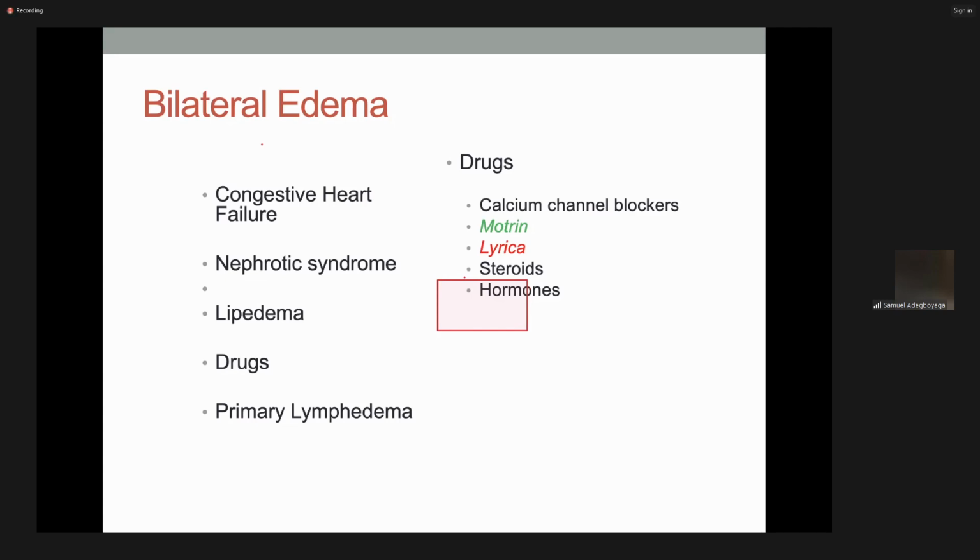Patient with history of diabetes, hypertension, cholesterol, whatever, was just placed on a medication, never had a history of swelling. A week later, after being placed on this medication, just started having bilateral edema. What's the cause of this edema?